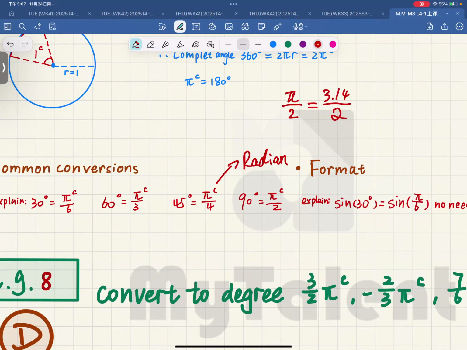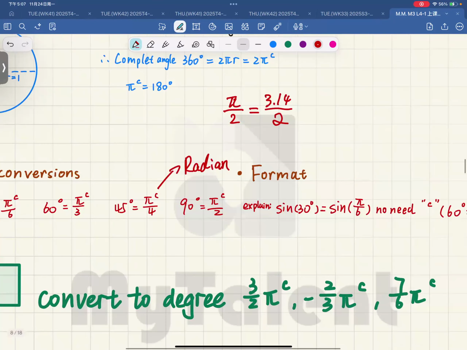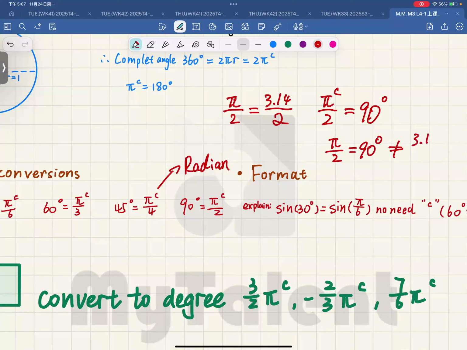With the C, pi C over 2 is equal to 90 degrees. That's just a convention. But when we do trigonometry questions, we assume pi over 2 is 90 degrees, not 3.14 over 2.